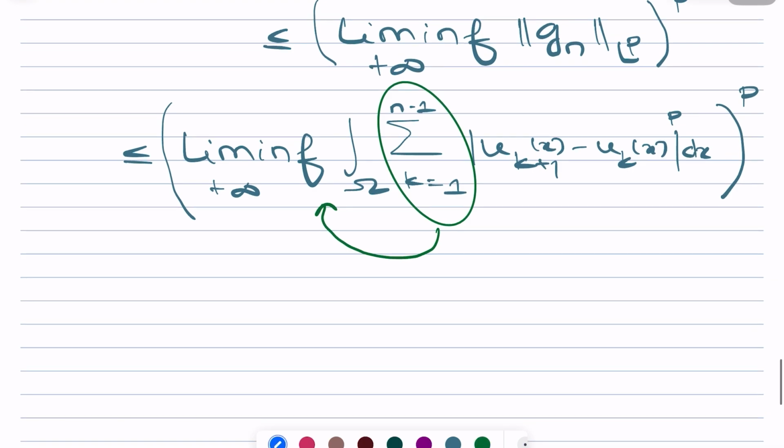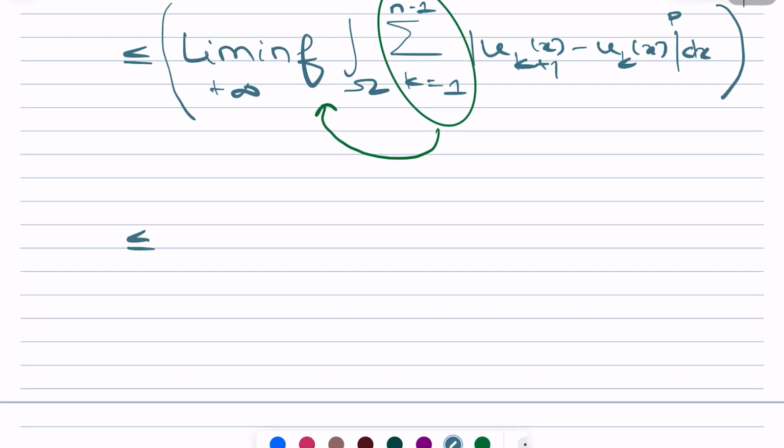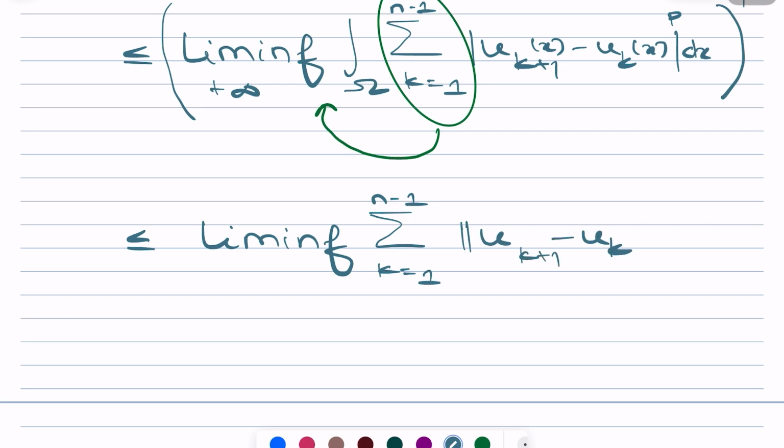If you do that, then you get that this is less or equal than the lim inf of the summation, k moving from 1 to n minus 1, of the LP norm of uk plus 1 minus uk, and everything to the power p, of course as n goes to plus infinity.